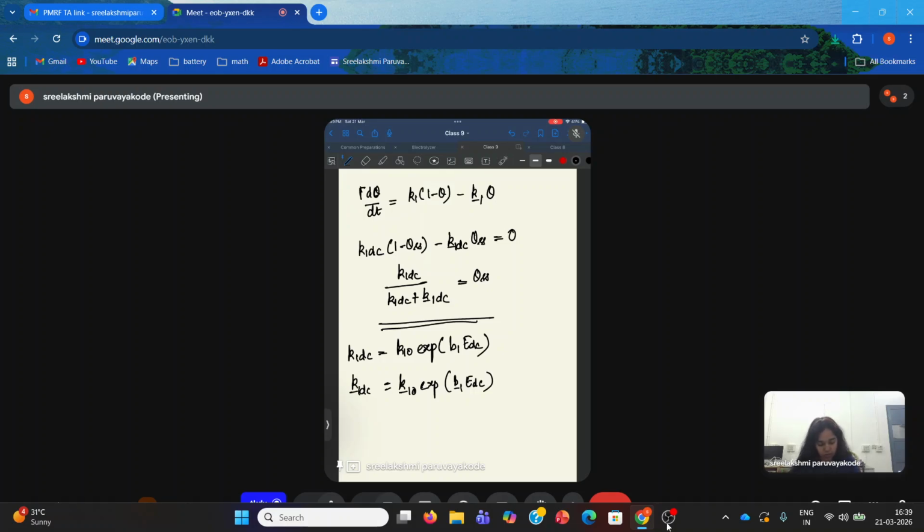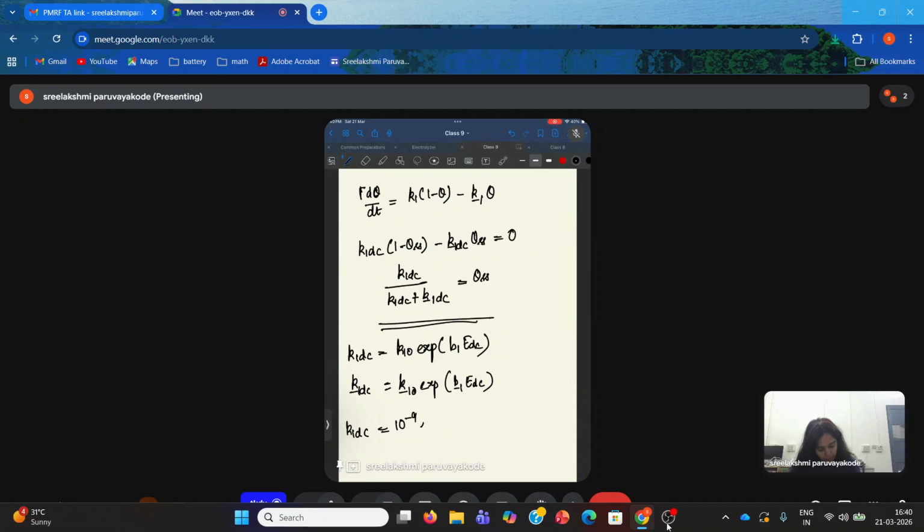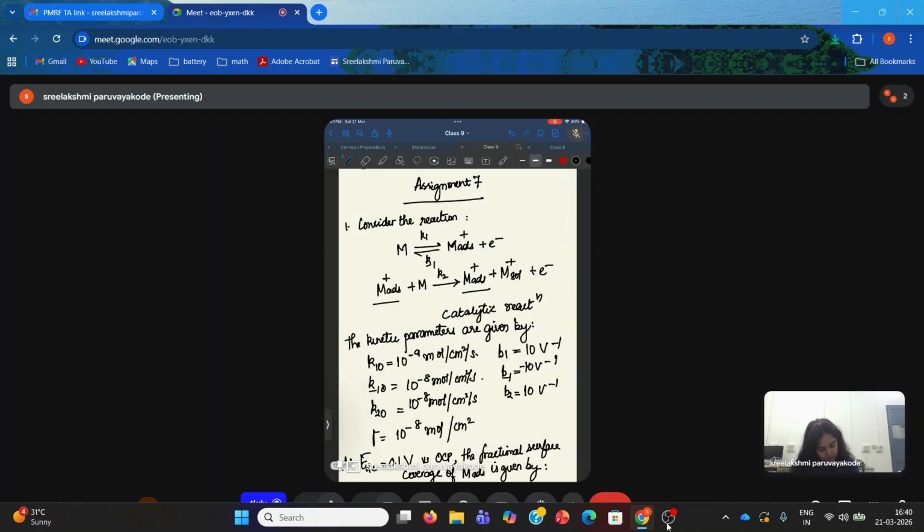So now let's substitute and find it out. k1 dc equal to 10 to the power minus 9 exponential of 10 into E dc, which is 0.1.